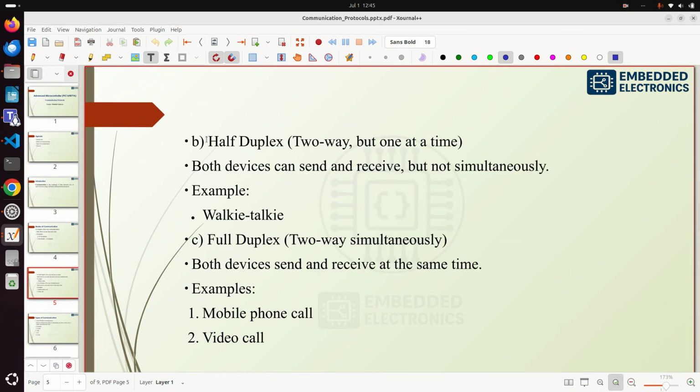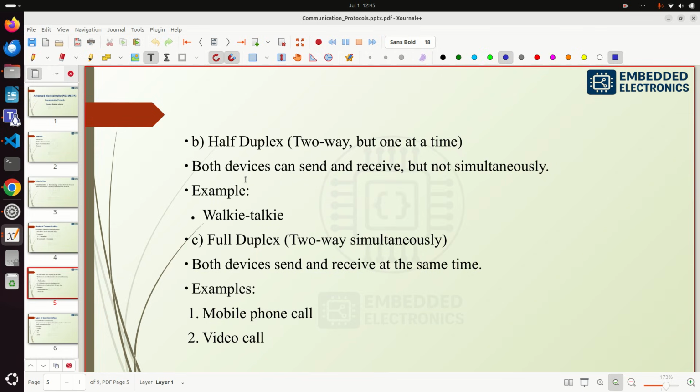So next is the half duplex. It is two-way communication but one at a time. So here both devices can send and receive but not simultaneously. So one party communicates at a time. So that is nothing but the half duplex. So for example, walkie-talkie. If one person is speaking, the other one listens, isn't it?